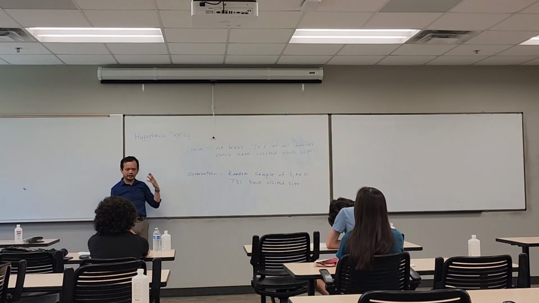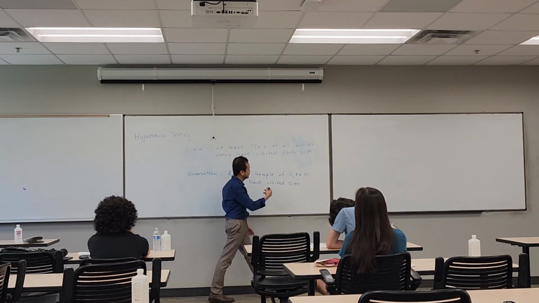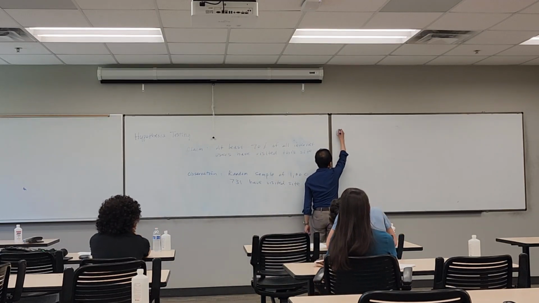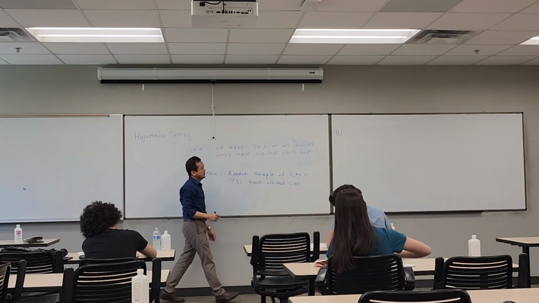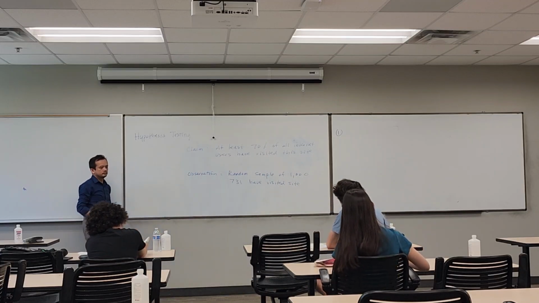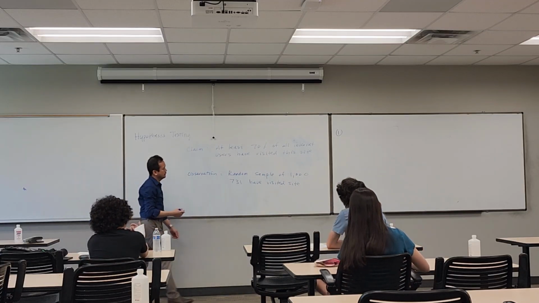So last time we talked about the formal steps of hypothesis testing. Let's go ahead and review together. What was the first step of hypothesis testing? Identify the null hypothesis and the alternative. Very good.